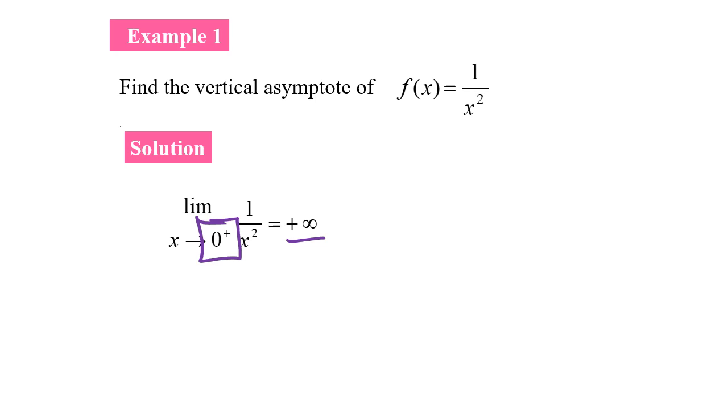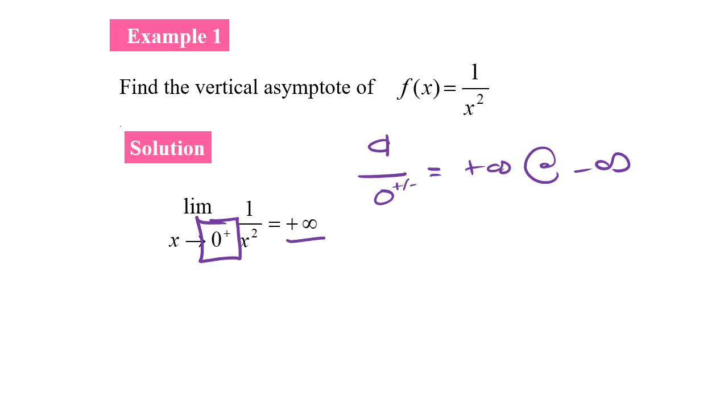So how can we find this limit equal to infinity? We know that 1, or any value, over 0 can be interpreted as positive infinity or negative infinity depending on the sign of the 0 in the denominator. It's either positive or negative, right?